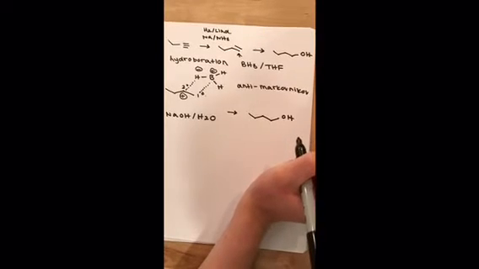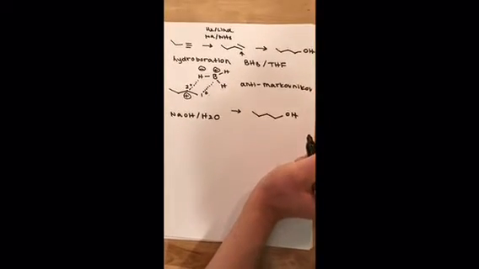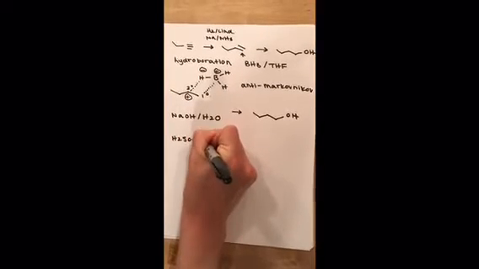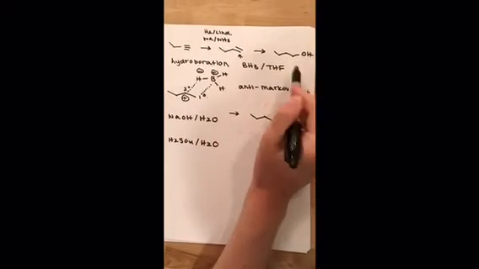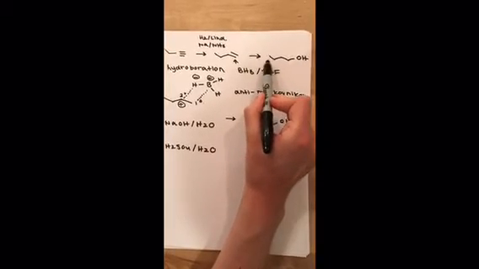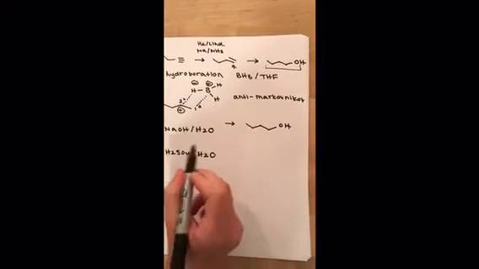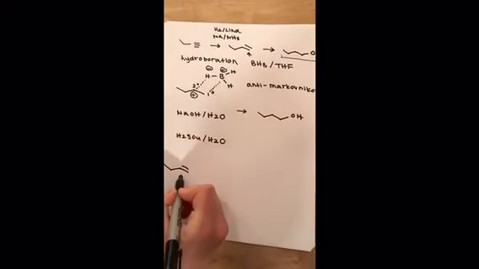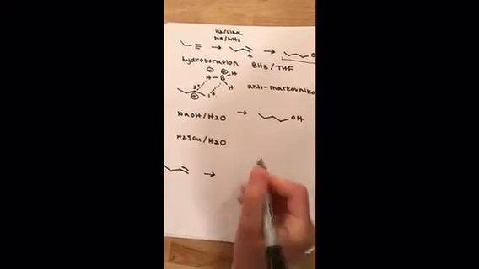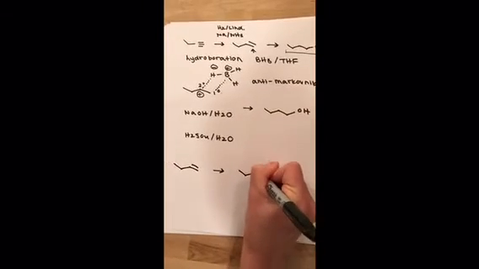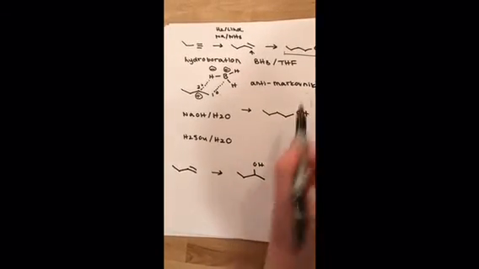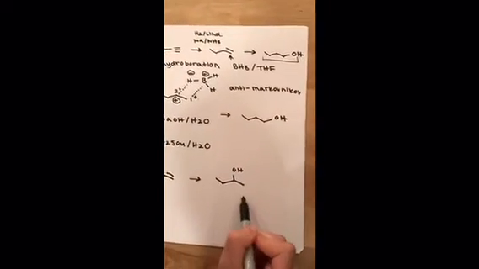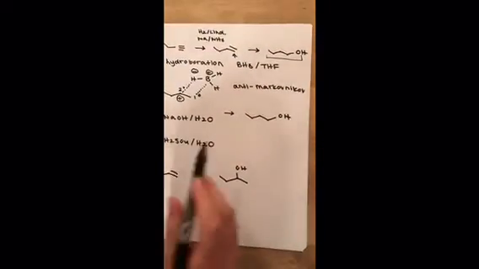When explaining this, I would also caution students against using H2SO4 and H2O when attempting to make this final product, because if we used H2SO4 and H2O on this alkene, we would get this product instead of this one here. And that's a common pitfall in organic chemistry.